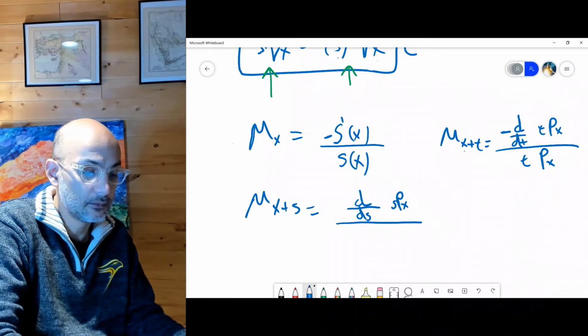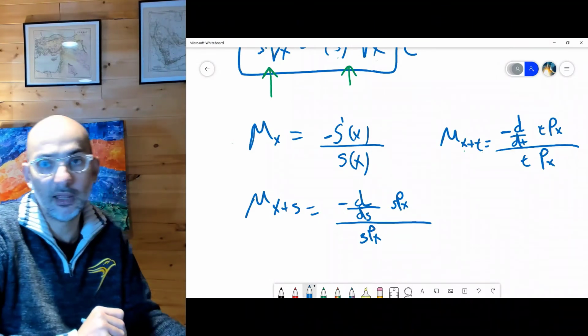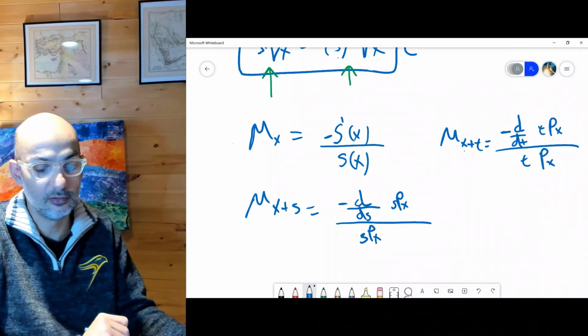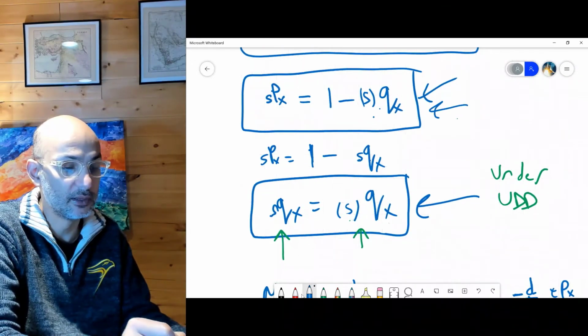Minus d ds of s p x divided by s p x. Here s p x is not multiplied; we cannot multiply it. We have to use the formula we derived a little bit above.